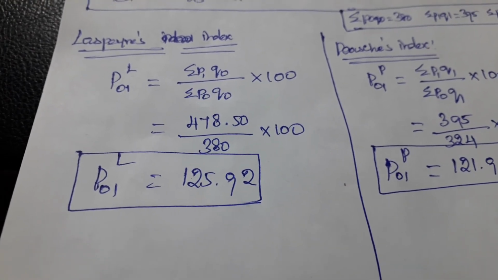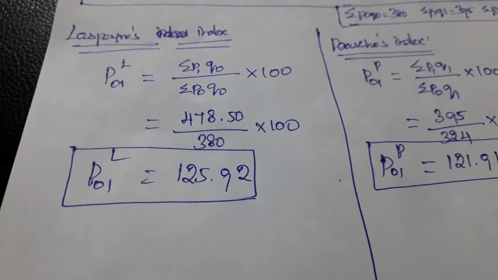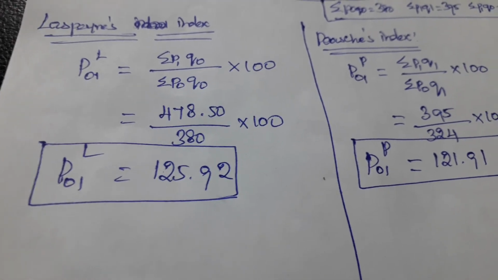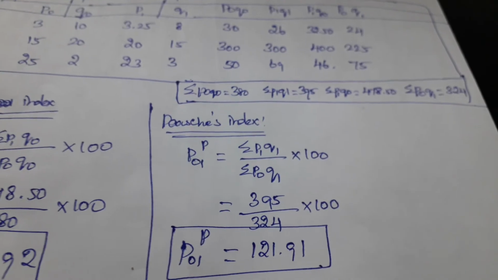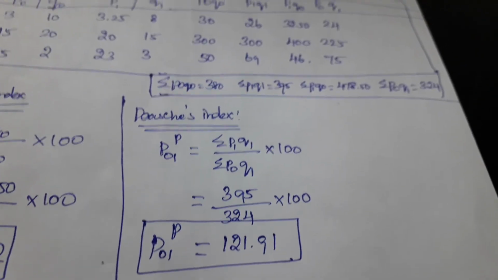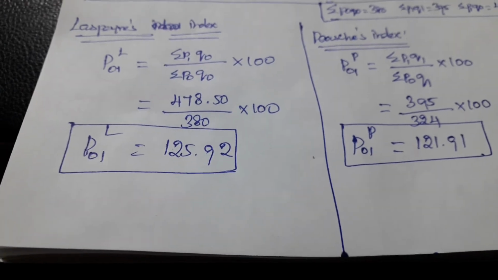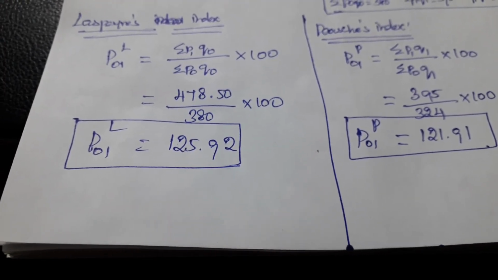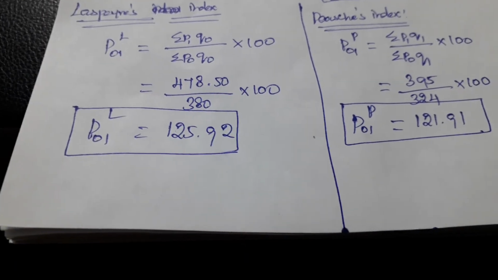Its formula is summation P1Q0 divided by summation P0Q0, multiplied by 100. We know the values, so just apply them in the formula, and we get the answer 125.92.